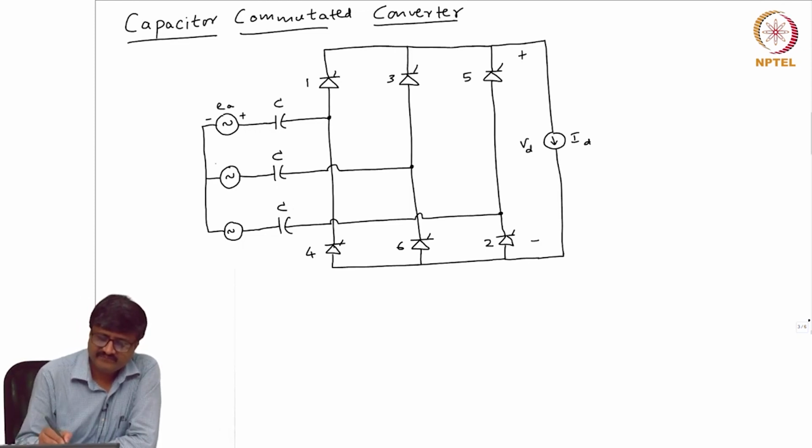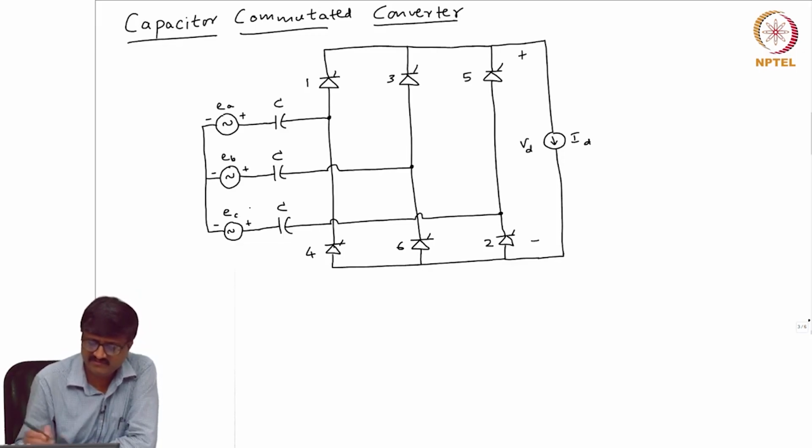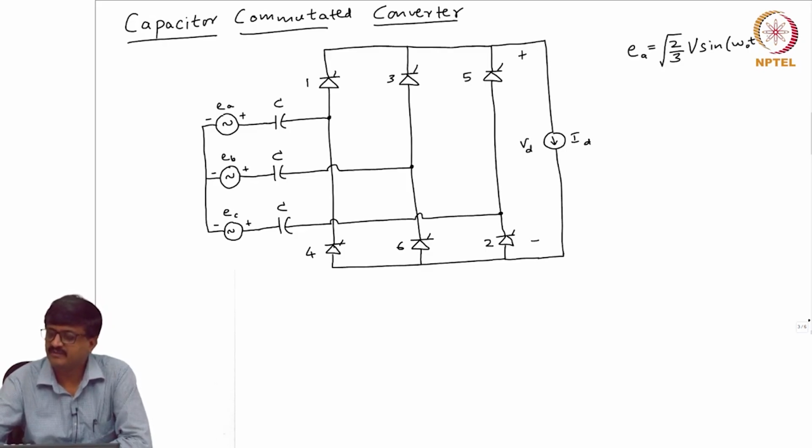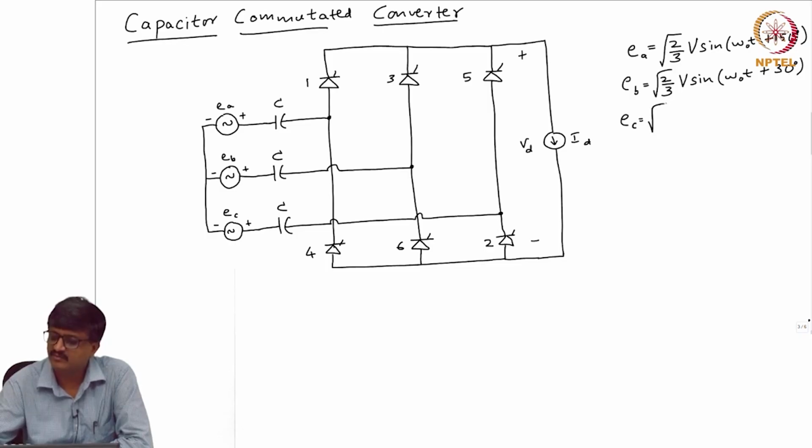EA, EB and EC are 3 balanced voltages. We will use the same expressions for EA, EB, EC that we have been using: EA is root 2 by 3 V sin(omega 0 t plus 150 degrees), EB is root 2 by 3 V sin(omega 0 t plus 30 degrees), and EC is root 2 by 3 V sin(omega 0 t minus 90 degrees).